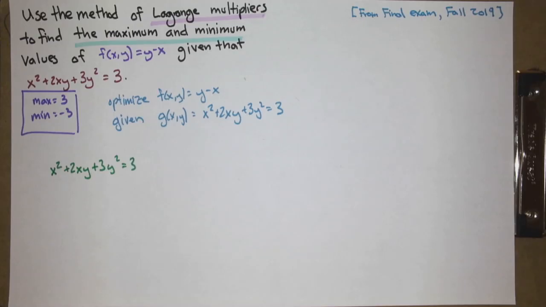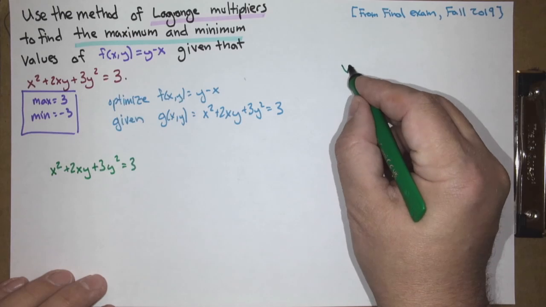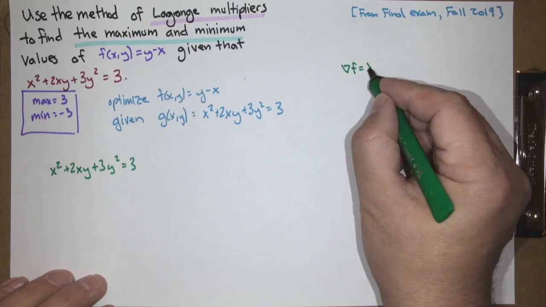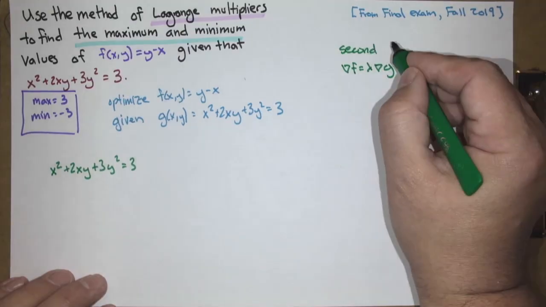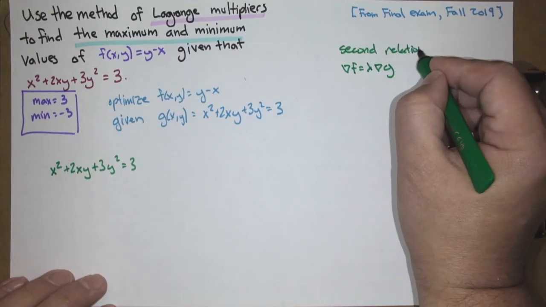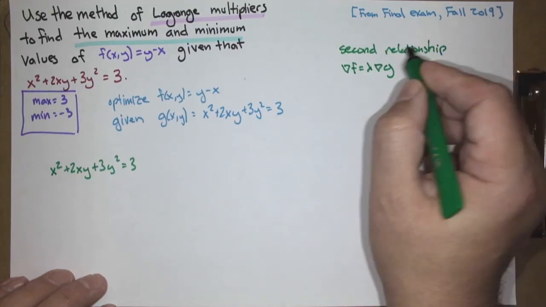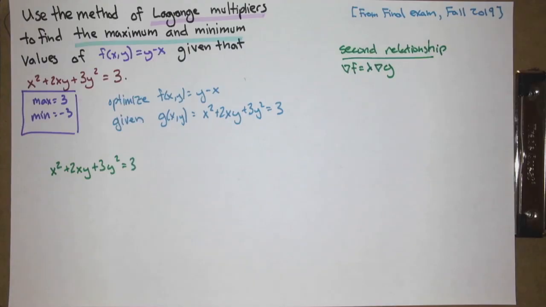Gradient. Specifically, the gradient of f equals lambda times the gradient of g. So our first relationship was our constraint, and our second relationship is going to come from here.